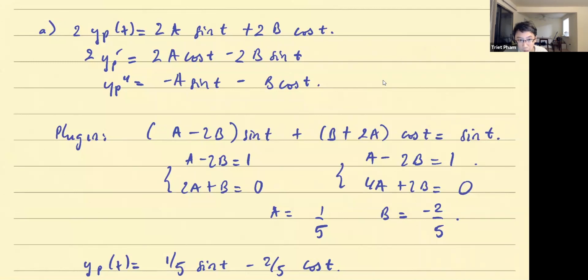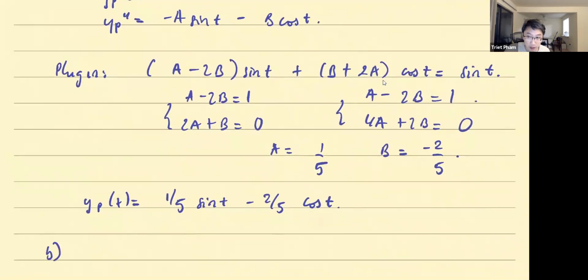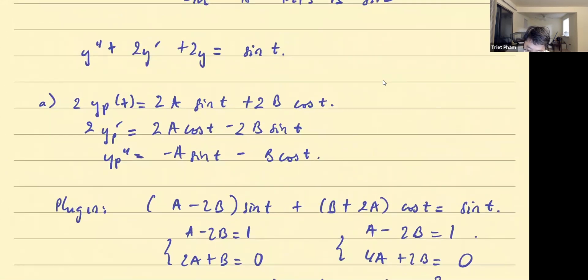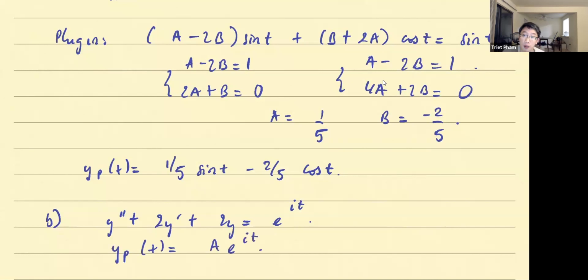Now let's see the complexification approach. The complexification approach says that the right-hand side will be replaced, so you look at y double prime plus 2y prime plus 2y is e to the it, pretending. So your yp will be a e to the it.